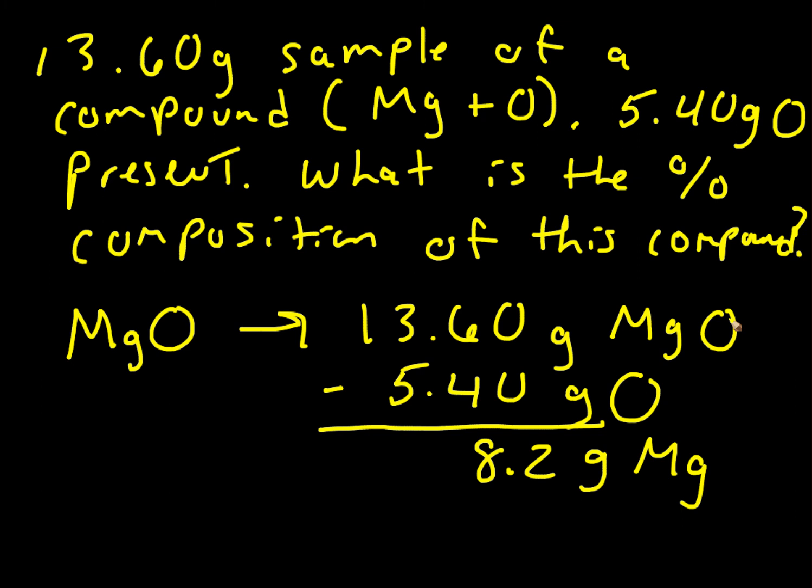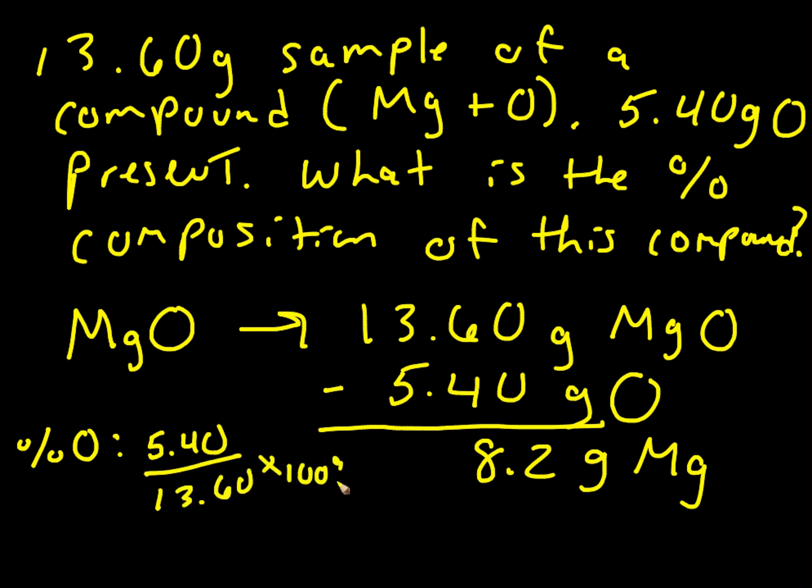So now we're going to calculate our percent composition. So we'll calculate the percent composition of oxygen first. So we have 5.40 all over 13.60 times 100%. So 5.40 divided by 13.60 times 100%, and we get 39.71%.